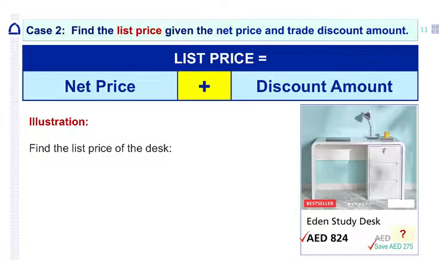Okay, here's another example where we are given the net price, which is the cheaper price that the customer or that the shop pays. Sometimes the customer might also pay a net price, a cheaper price. And this is the discount amount, and we're wondering, well, what was the original list price? And it turns out that the list price, and this makes sense logically, is just the cheaper price.